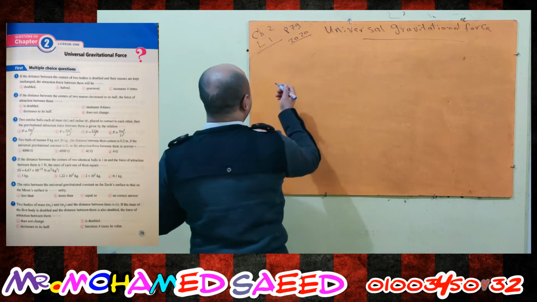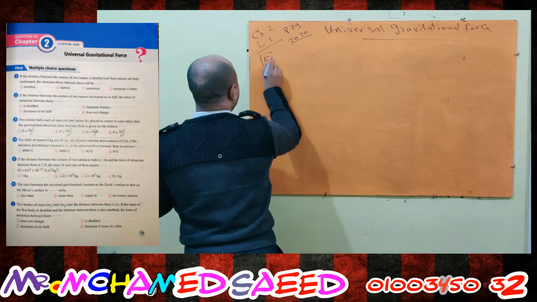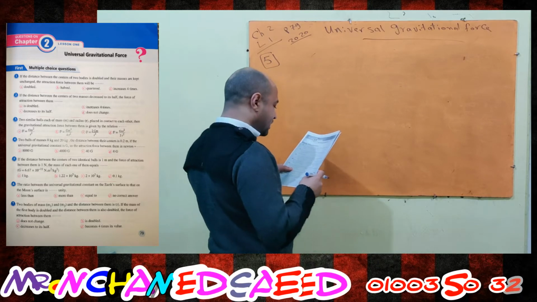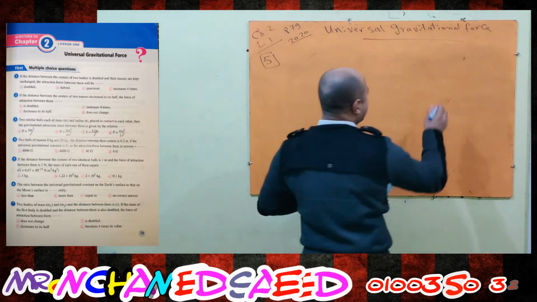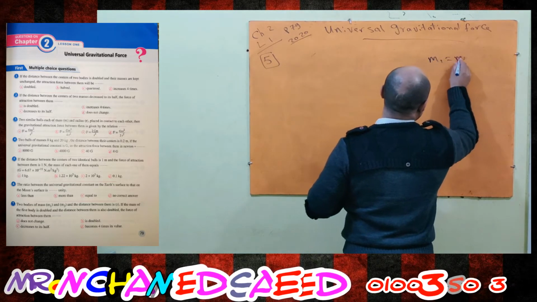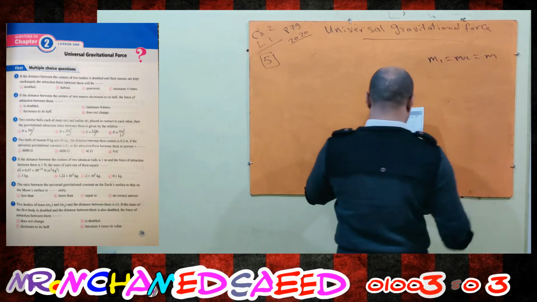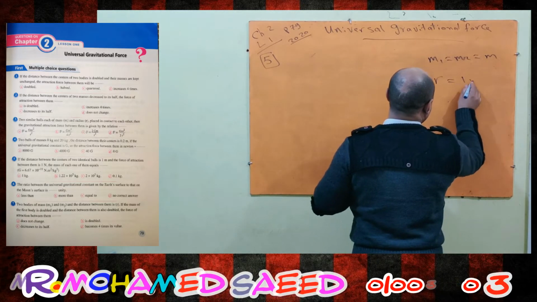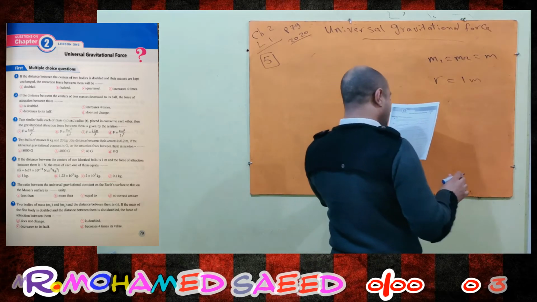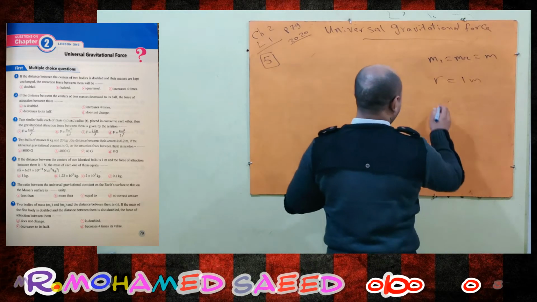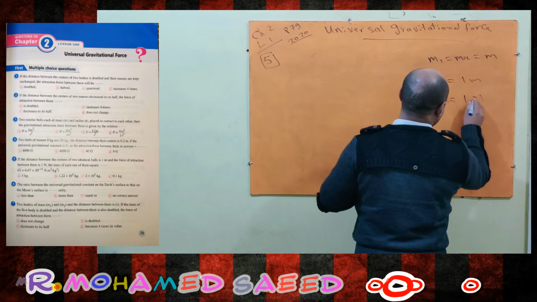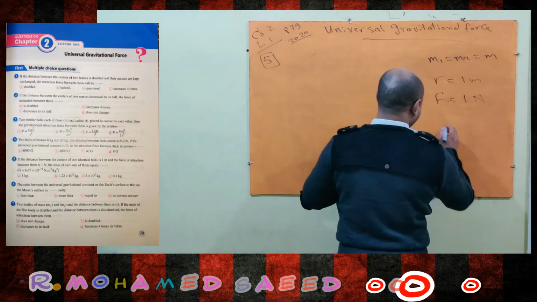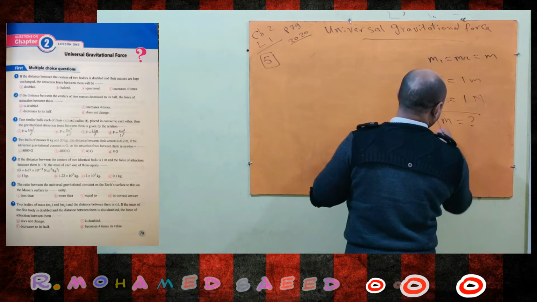Question number 5. If the distance between the centers of two identical poles, which means M1 equals M2 equals M, is 1 meter, so R equals 1 meter, and the force of attraction between them is 1 Newton, the mutual force between them, the mass of each one of them equals what?